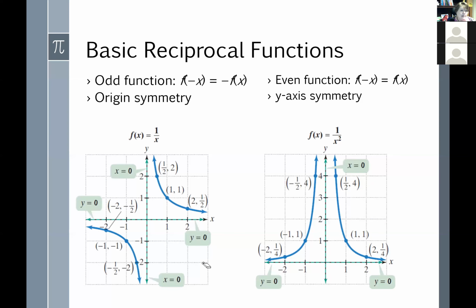The x-axis is a horizontal asymptote because the numerator's degree of that function is 0 and the denominator's degree is 1. 1 is bigger than 0, so y equals 0 is the horizontal asymptote. 1 over x squared also has a vertical asymptote at x equals 0 and a horizontal asymptote at y equals 0. And you can see what that function looks like.